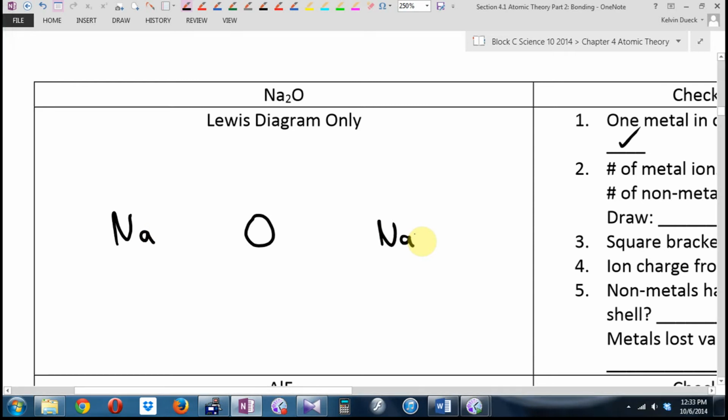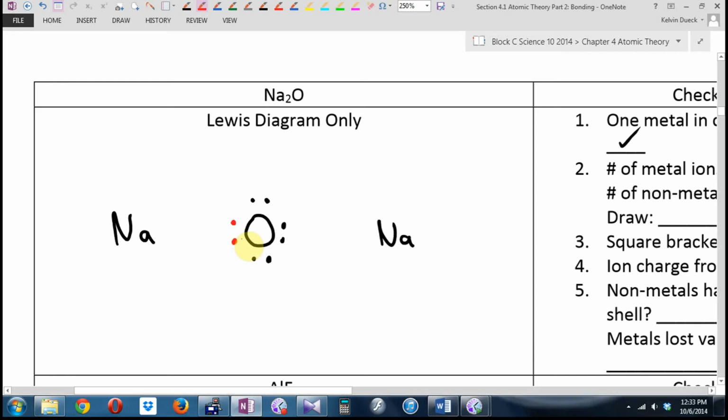Let's do the Lewis diagrams. Oxygen. How many electrons will there be in its outer shell? Well, normally 1, 2, 3, 4, 5, 6. But it's going to pick up 1 electron from the left-hand sodium, 1 electron from the right-hand sodium.